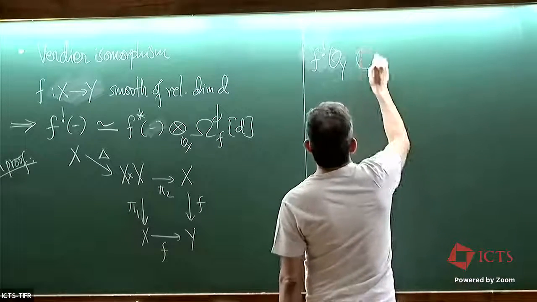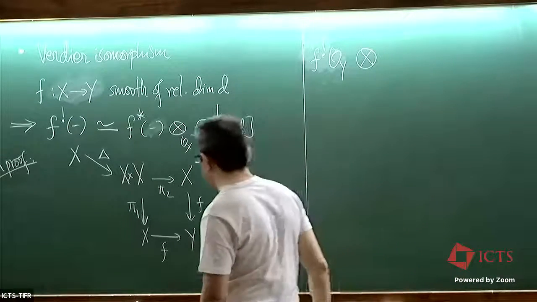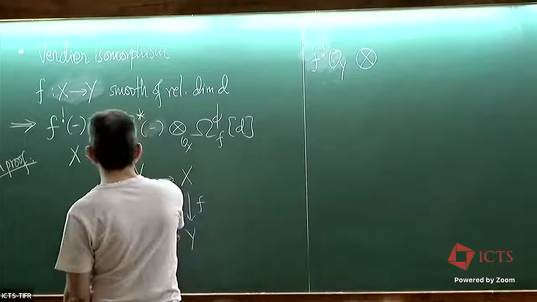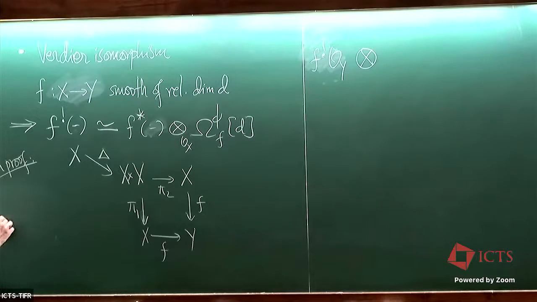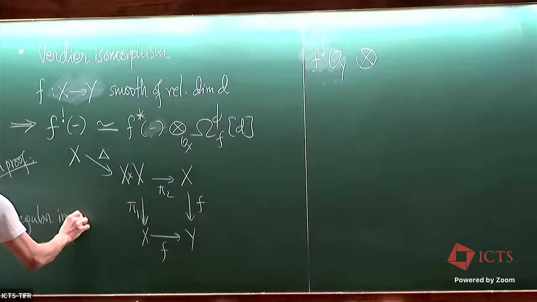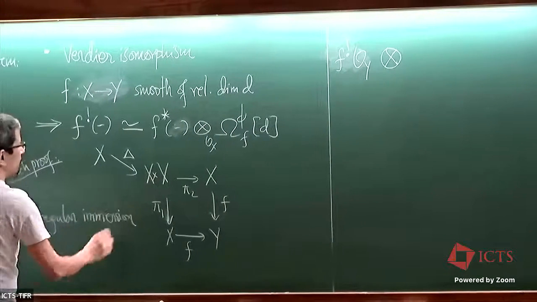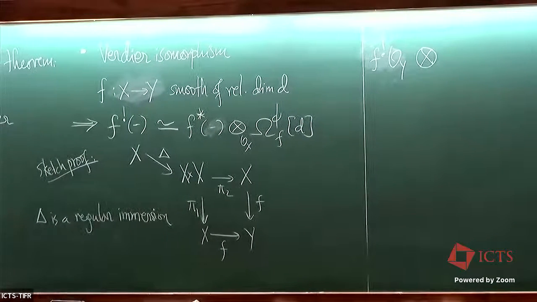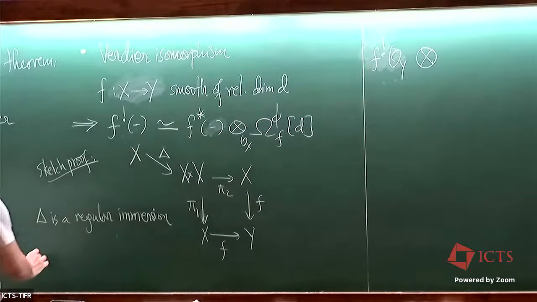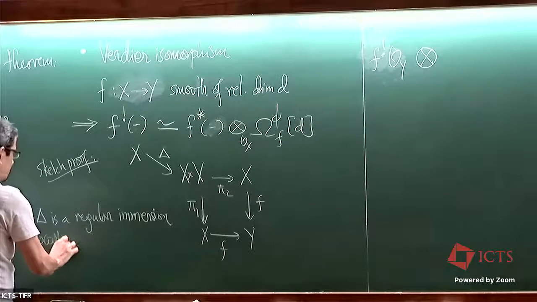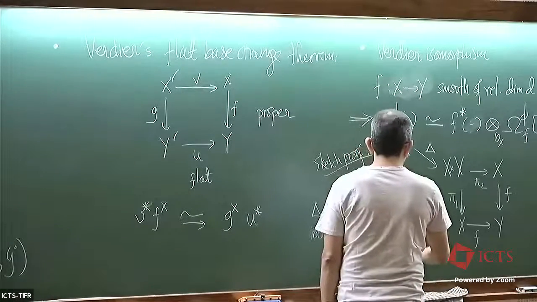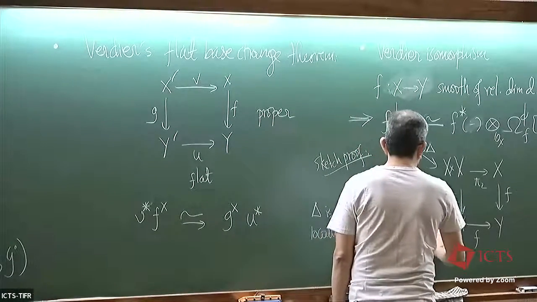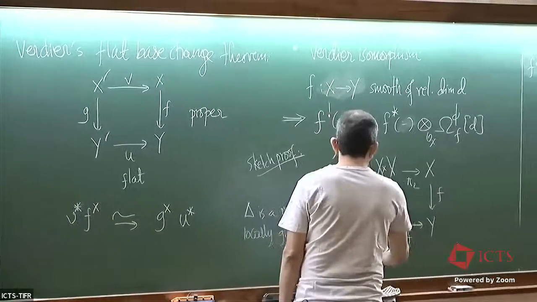So I'm going to tensor it with its dual, and its dual is lurking here, because let's look at this delta. Delta is a regular immersion, locally given by a sequence of length d.